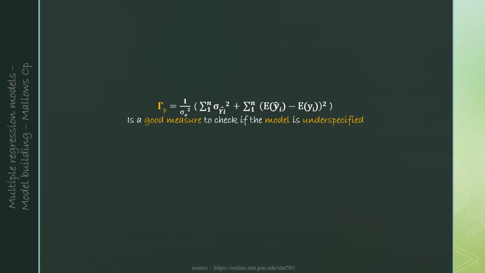Therefore, gamma p as defined in this equation is a good measure to check if the model is underspecified. A correct model is one whose gamma p is the least, though the theoretical minimum is p, where p stands for the number of predictors included in the model plus 1.